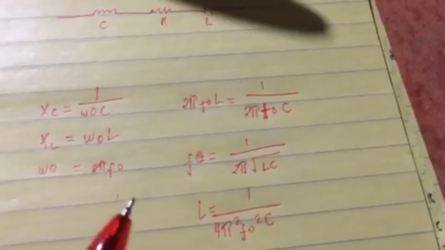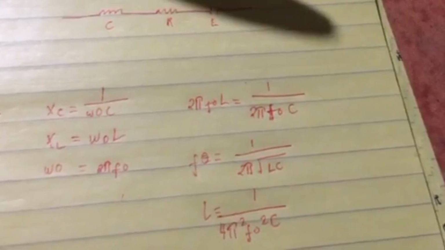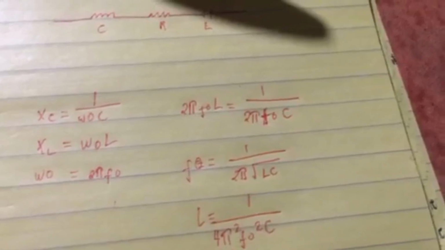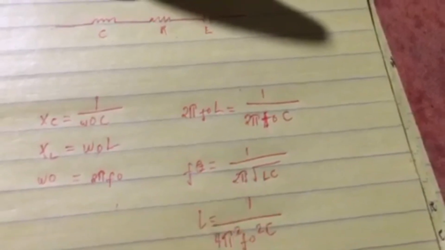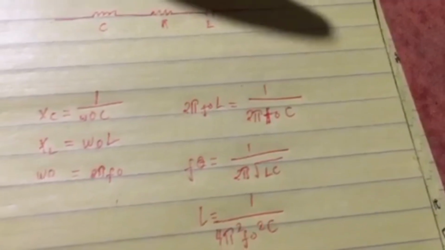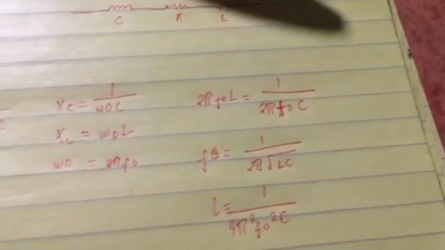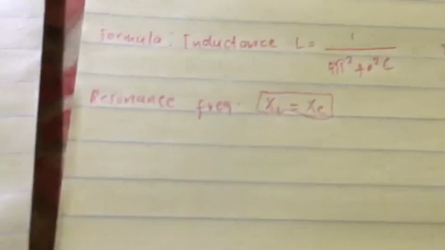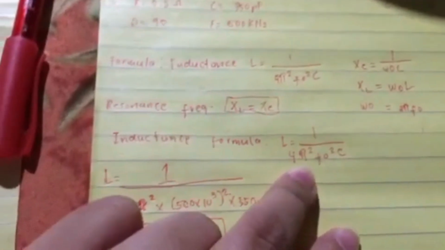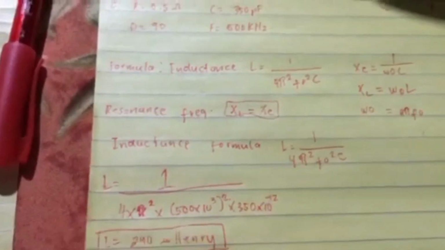Through this equation, L is equal to 1 over 4 pi squared f naught squared C. So we are getting the value of inductance through the resonant frequency, XL equals XC.